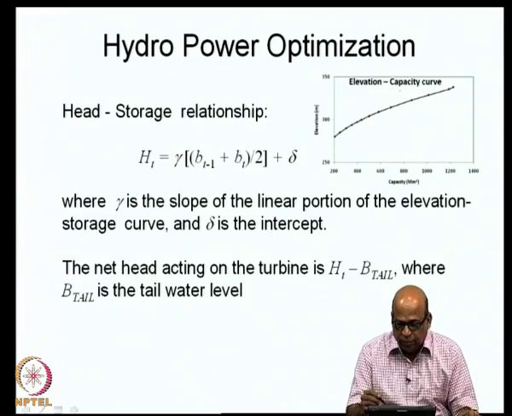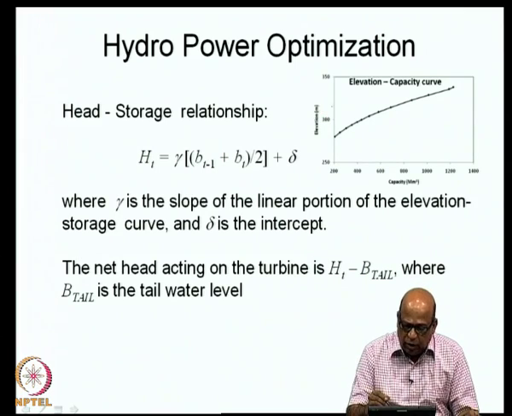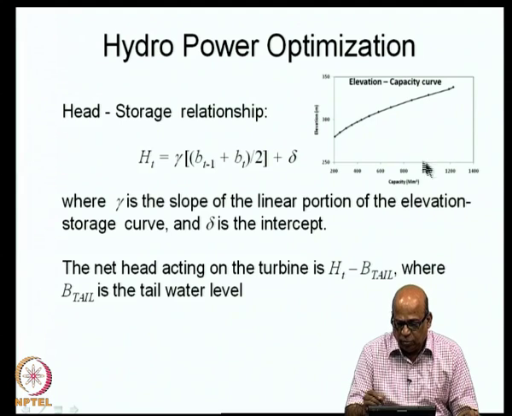So, if you recall, when I discussed the simulation of hydropower generation, we used the capacity elevation relationship. We want to determine the elevation for a given storage. By capacity, I mean the storage, and typically you will have a curve like this. This will give the elevation capacity relationship.